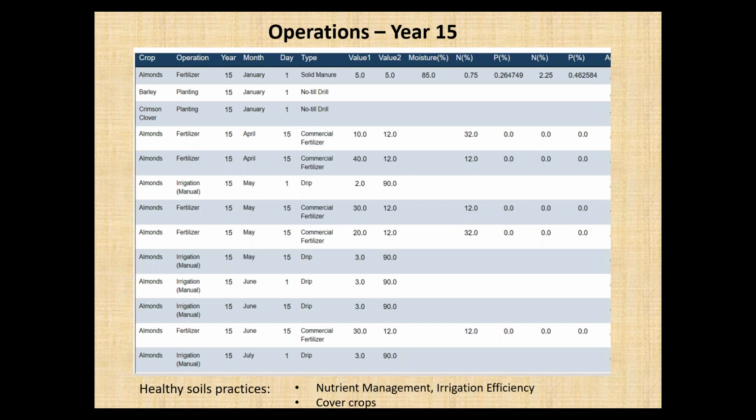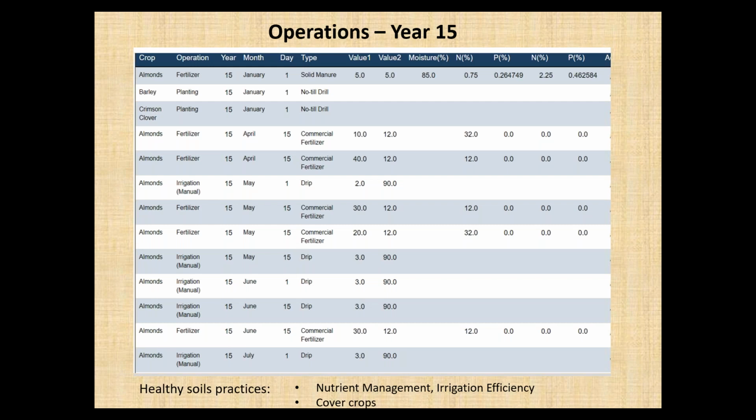I used year 15 to show a time when the orchard was farmed with healthy soils practice adoption, and at a time when soil health improved over a few years to the extent where fertilizer applications could be reduced due to a few years of compost and contributions from improved soil health, and thereby decreasing nitrogen applications, decreasing potash applications slightly.